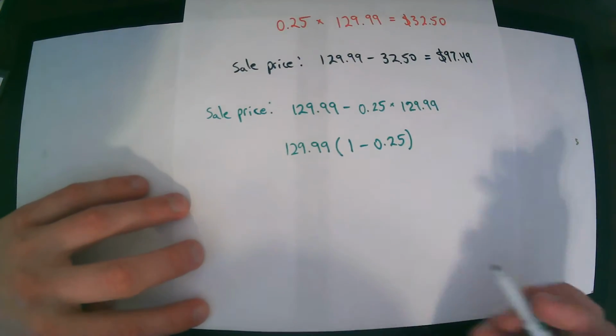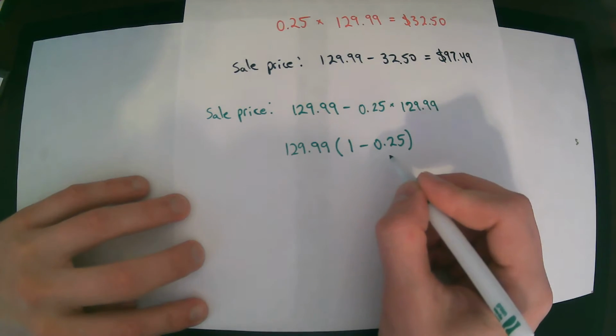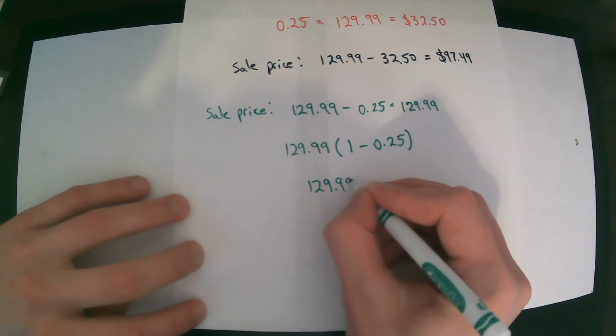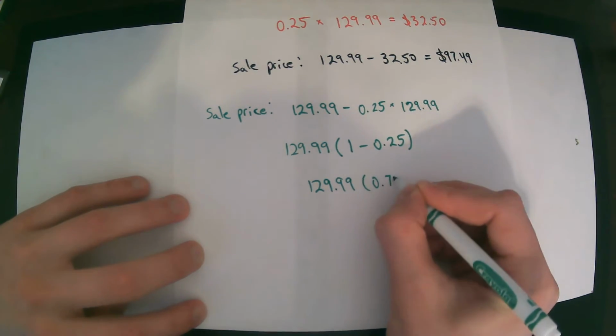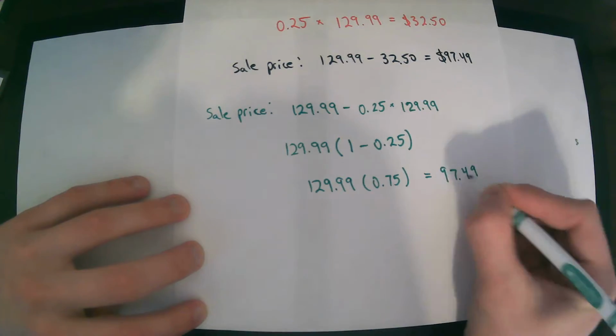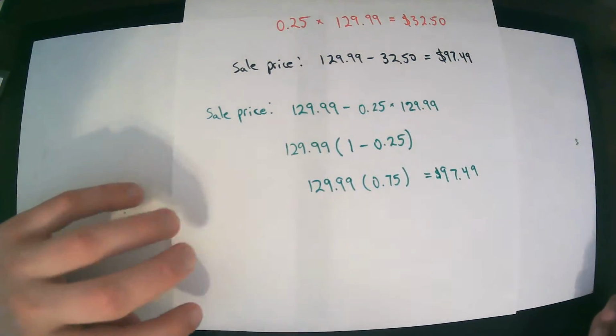Then I can say, well, 1 minus 0.25 is 0.75, and that's going to give me that 97.49 as well, of course, because these are all equivalent statements.